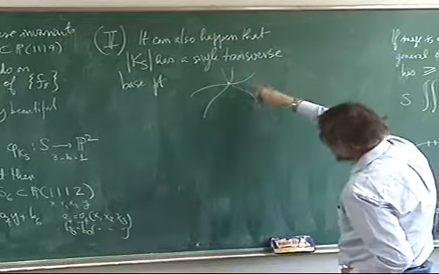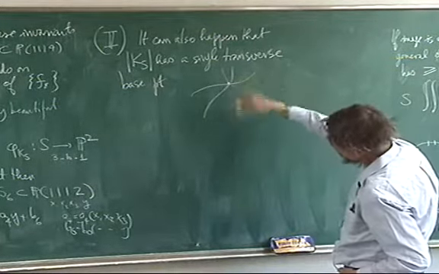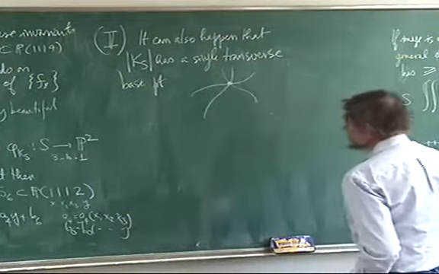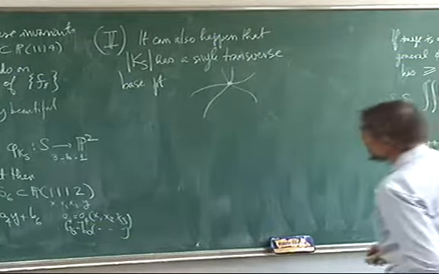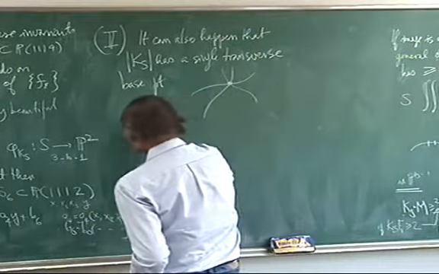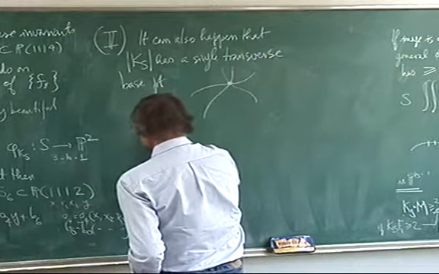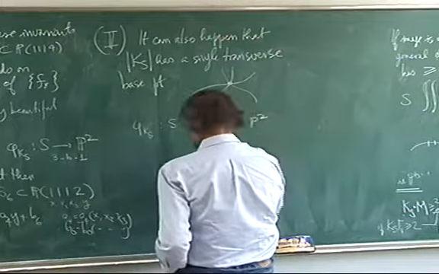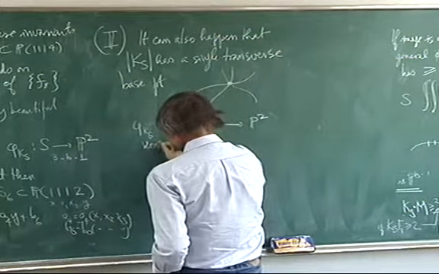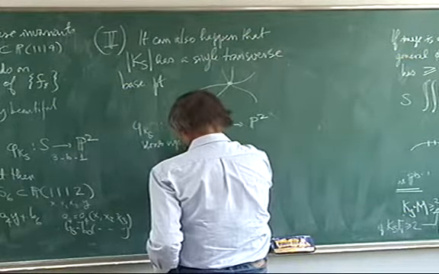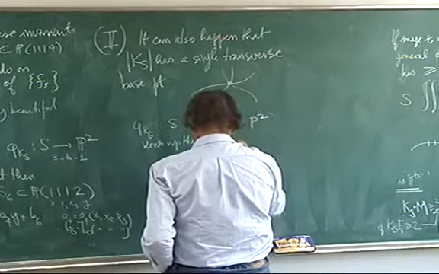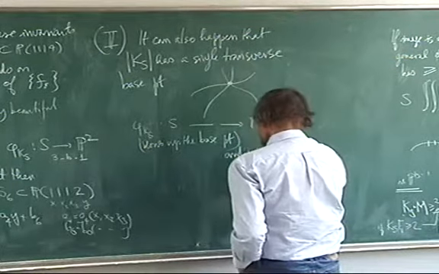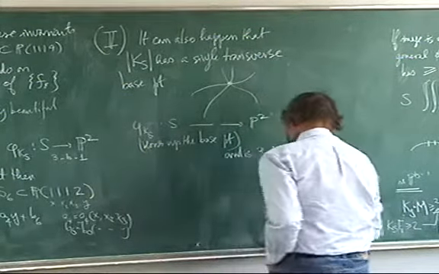There are three of them, so I could avoid every point on the surface if I was lucky. But it so happens in this case that we're unlucky and these three come together in a single point. Then phi_K_S from S to P2 blows up the base point and is 2 to 1.